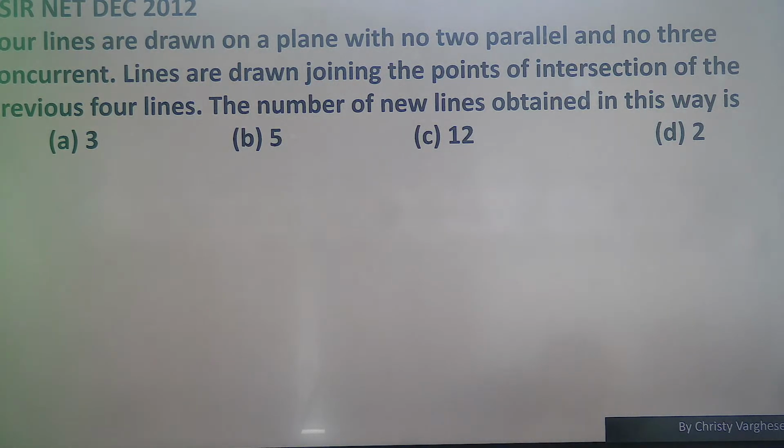By this question, we will get familiarity with concurrency and collinearity and all.